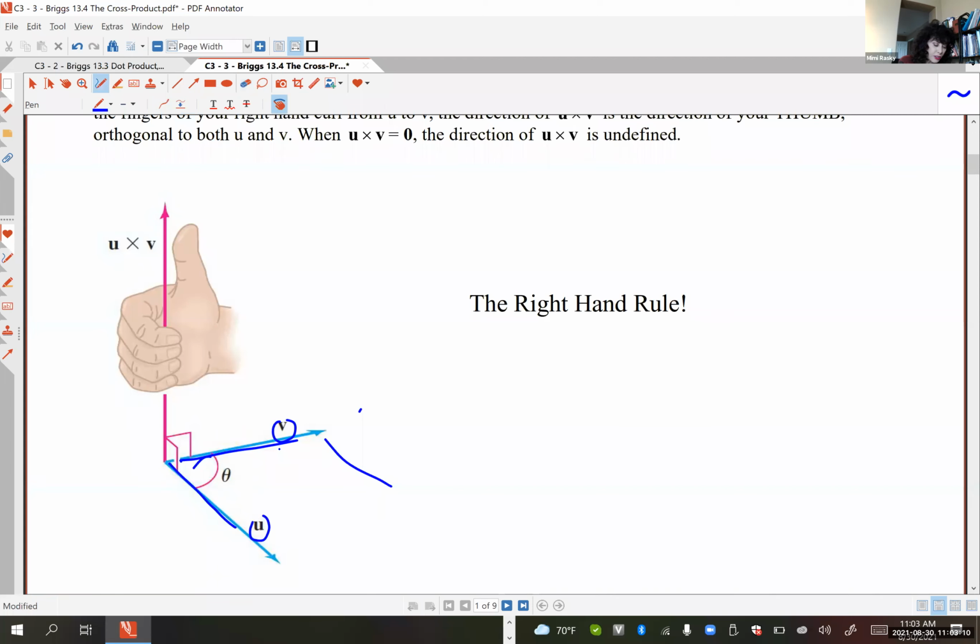Your right hand swings in. First, have your fingers curl through the first vector they're mentioning, in this case u, and then have your fingers curl all the way around until they're curling through v, and then close your fist, but leave your thumb up. And the direction that your thumb is pointing is the direction of the cross product. I know, weird, huh?